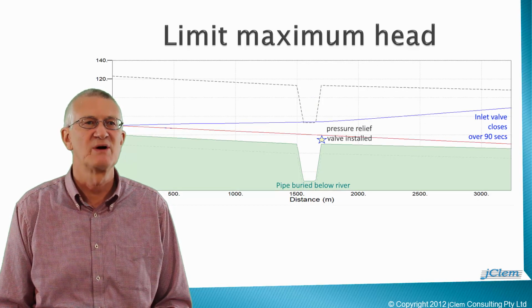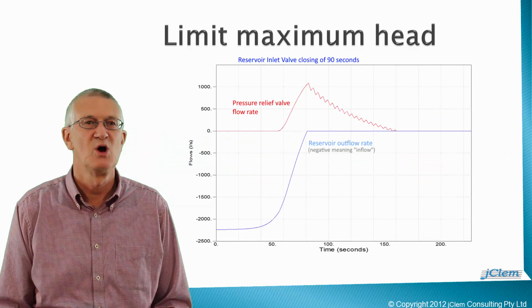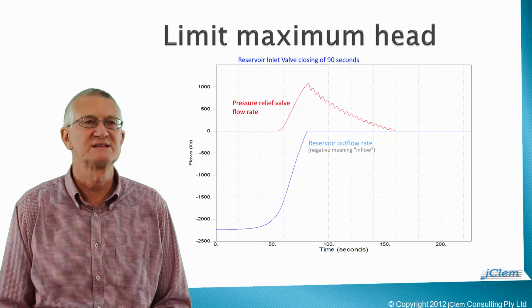The message, however, is to not only look at head graphs and hydraulic grade lines when analysing pressure relief valves. Always cross-check the head outcomes against graphs of system and relief valve flow rates. Why, you ask? Because flow rates reveal what is happening with the system velocity changes, which are the cause of surge amplitudes.